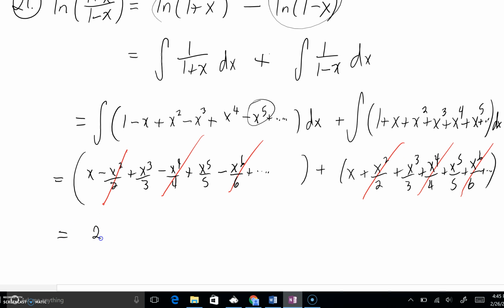Well, we'd have 2x. We'd have an x cubed over 3 and an x cubed over 3. That would be 2x cubed all over 3. We'd have 2x to the fifth all over 5, etc. And this will go on forever and ever. Don't forget, we'll also have a little constant that we're going to add at the very end. You don't want to forget about that.